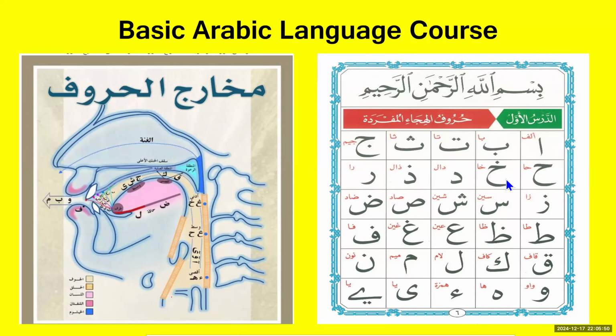This is ha, yes, kha. Very good. Vidya garu: Alif, ba, ta, sa, jim, ha, kha, dal, zal, ra, za.